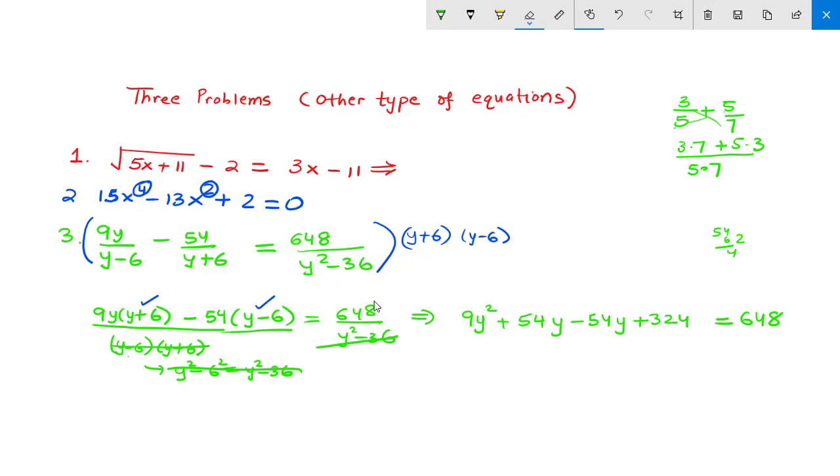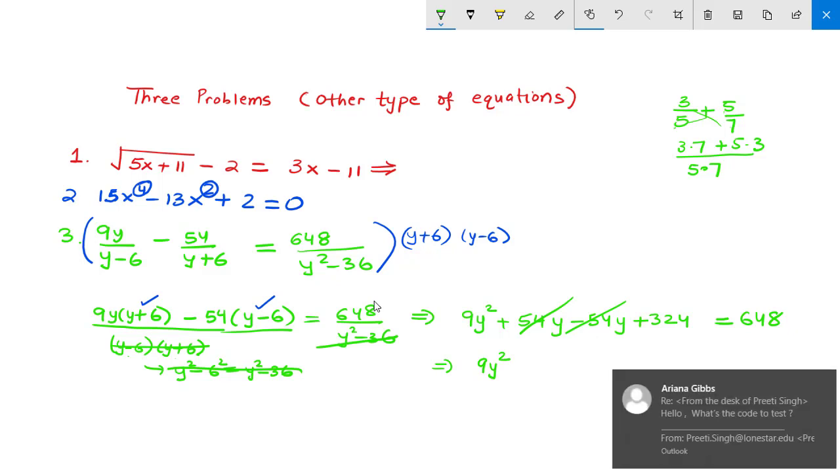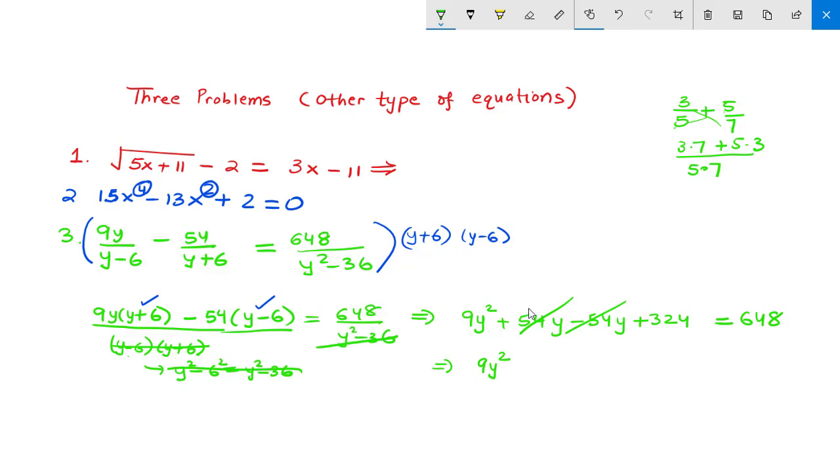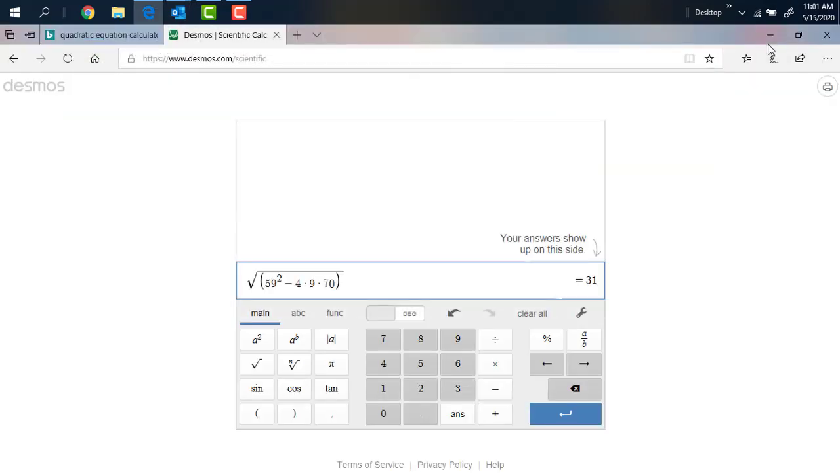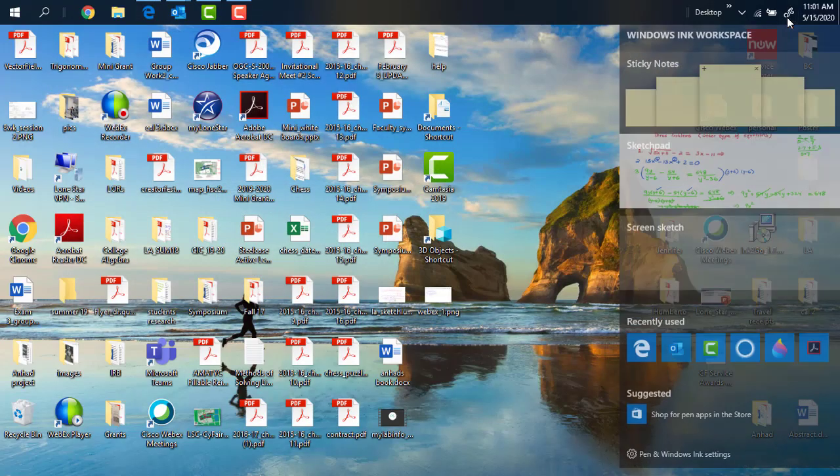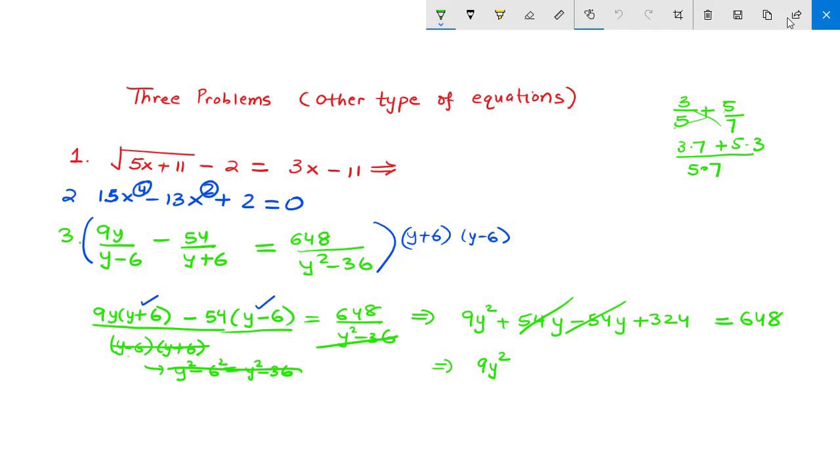Okay. So I cancel plus 54 and negative 54. I'm left with 9y squared, and since it's a power 2 equation, I'm sorry, and I'm missing a y term, I can use the square root property. So I'm going to move 324 to the other side. 648 minus 324 is again 324.